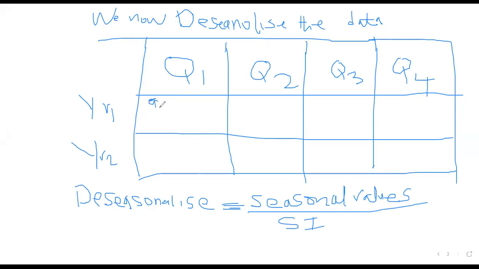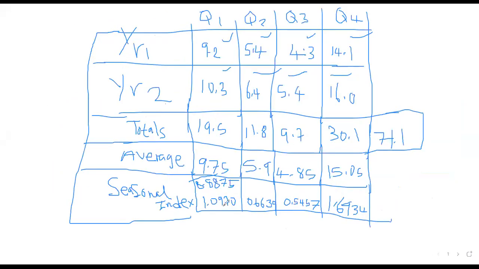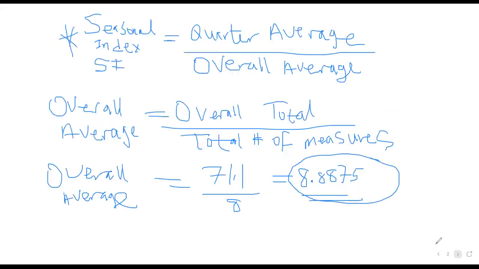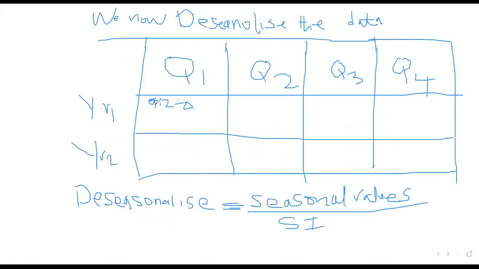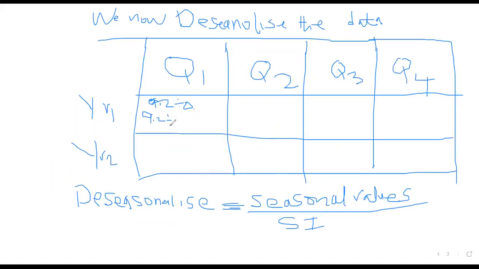So 9.2 is divided by the seasonal index for this column, which is 1.0970. That is for this first quarter.